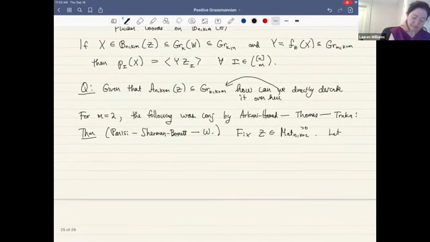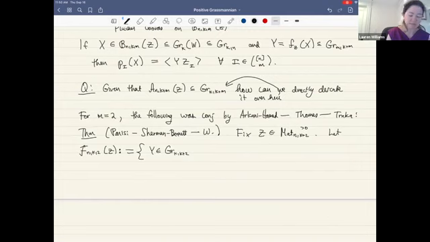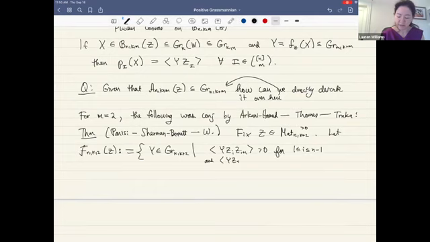Now let's let F_{n,k,2}(Z) be the set of all points in the Grassmannian of k-planes in k+2 space, such that the twistor coordinate Y⟨Z_i Z_{i+1}⟩ is greater than 0 for all i. And also I want to consider what happens when I look at Z_n, Z_1.